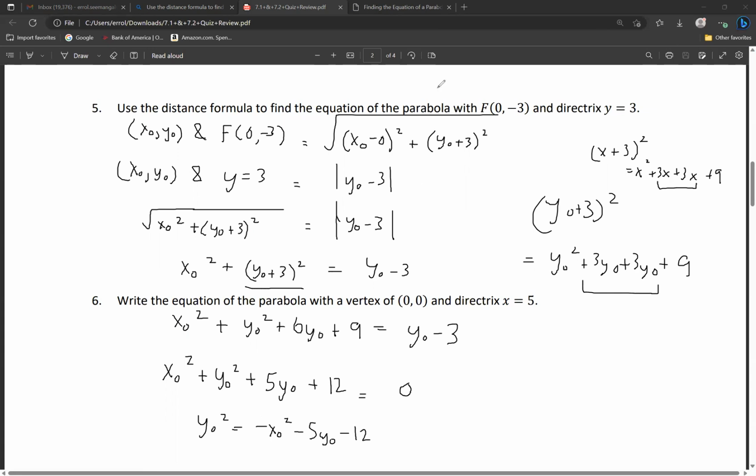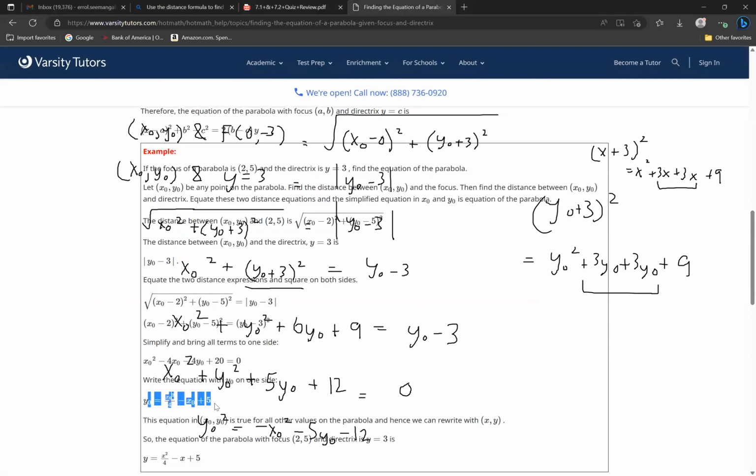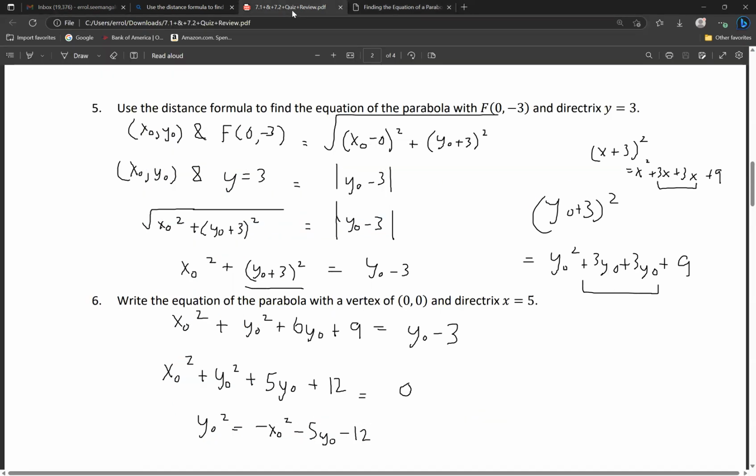There you go, which is this line. Then they take out the 0 after. They just leave it as y, so y squared equals negative x squared minus 5y plus 12.